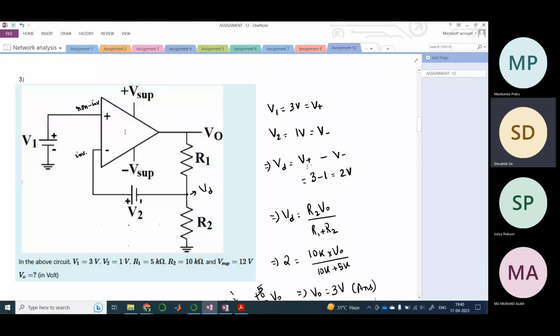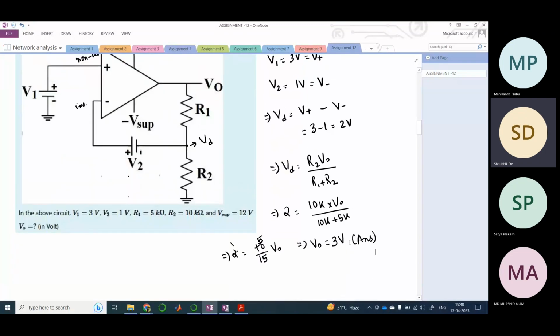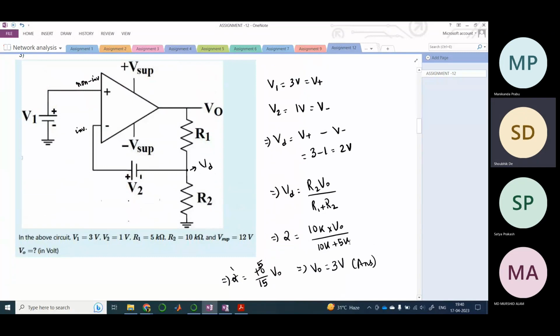Why V1 minus V2? Because it's V plus minus V minus, right? I mean the positive minus the negative terminal. That's the notation that we follow in op amp. So by doing that we get 2 volt, and then it's a simple potential divider circuit. So you get 3 volt as the answer. So this is about question number 3. If you have any doubt, please do ask.